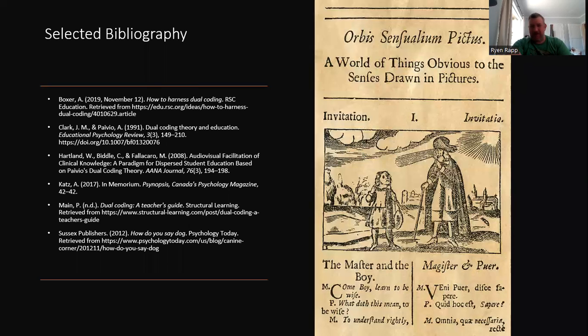And if you look, it says, "Come, boy, learn to be wise." What does this mean, be wise? To understand rightly. It's dual code theory back from the 16th century, where mothers would teach their children what this object is, and that's how you would retain the information. So I thought that was really neat to include here at the end.